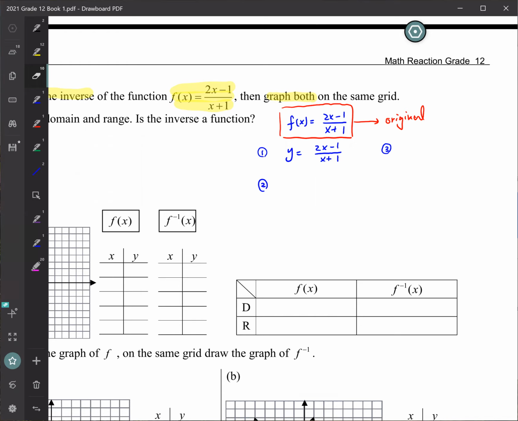Okay, has anyone been able to figure out the inverse function? We have 1 so far. 2, 3. Okay, pretty good. We got 3.